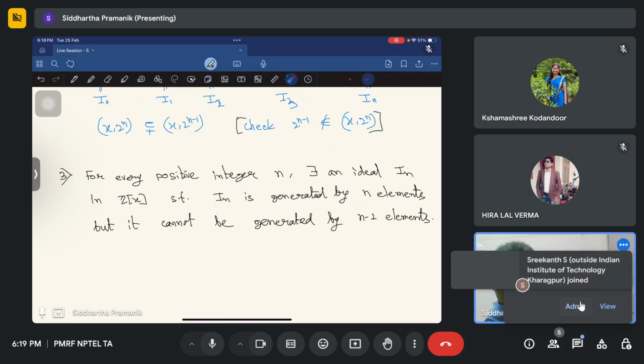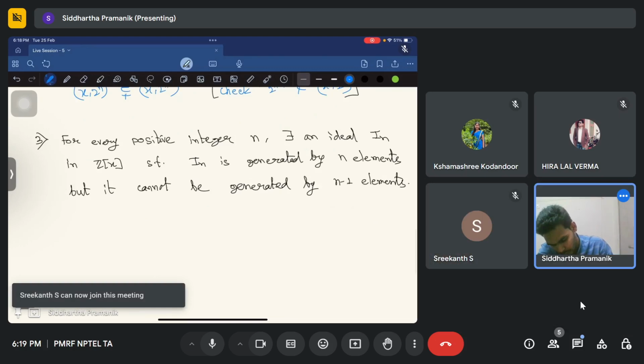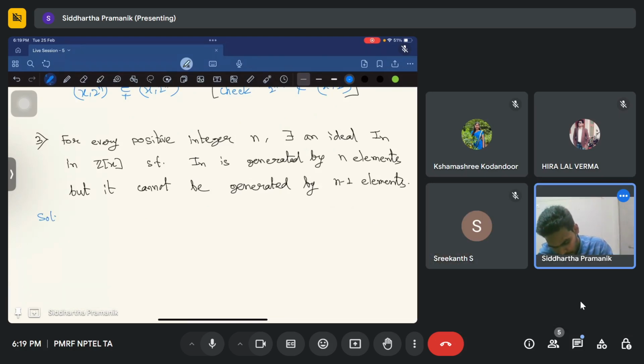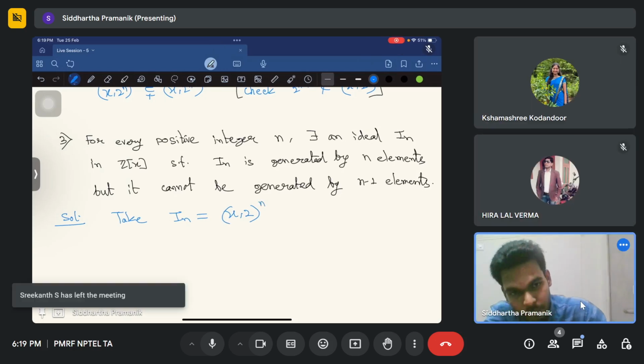Okay, in this statement I will just give you the example. So let me write it down here. You just take I_n as the ideal generated by (x, 2), and you take its nth power.